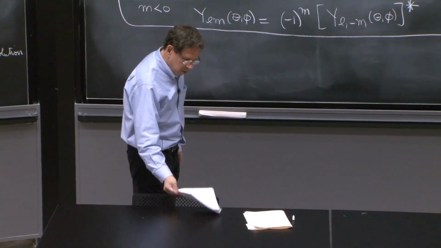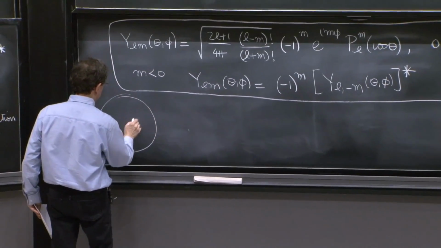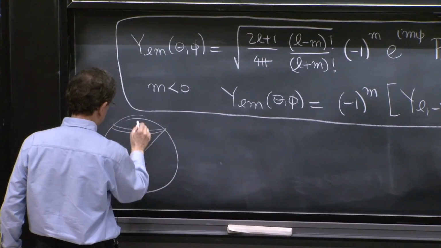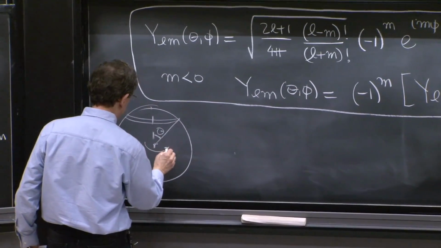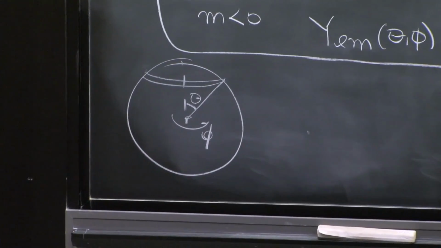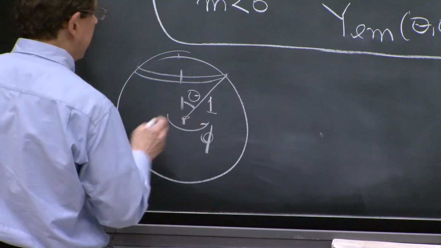And you may remember, if you have solid angle, you have to integrate over theta and phi. So solid angle, you think of it with a radius of 1.